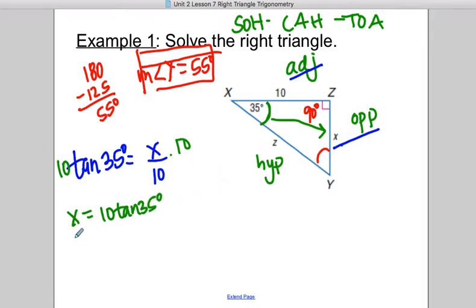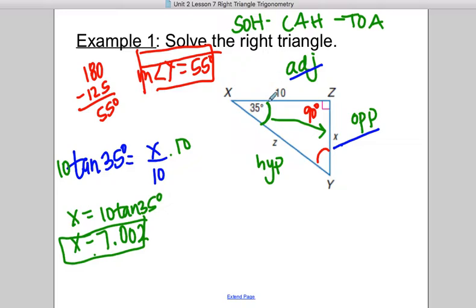You will type that into your calculator, and I really need you to actually type it in and make sure you can get the correct answer. I can't do it on my screen because I don't have access to my graphing calculator at home. So 10 times tangent of 35, rounded to 3 decimal places, you should get 7.002. That's a side length, and we don't know the unit measurements, so we'll leave it as that.